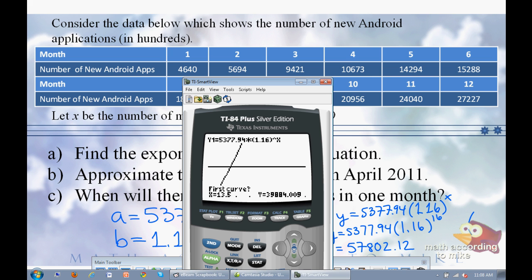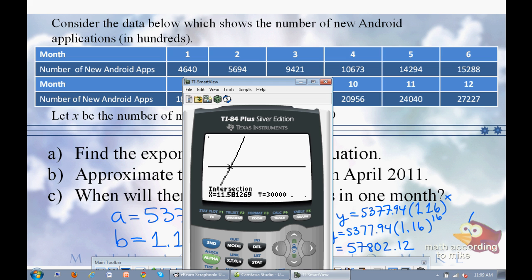I don't even have a cursor on my screen because it's way off there. So if you want, you can move the cursor left or right until you see it. But since we only have two curves, on first curve, just hit enter. On second curve, just hit enter. And when it says guess, move your cursor close to where it intersects and hit enter.